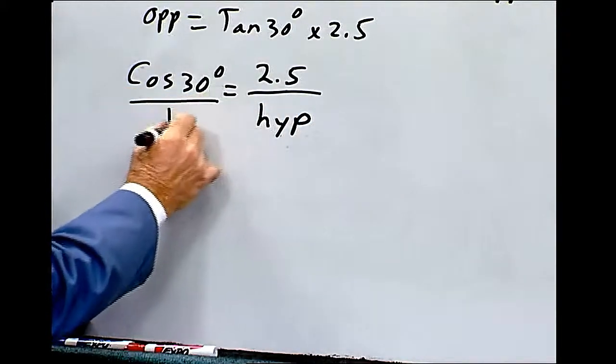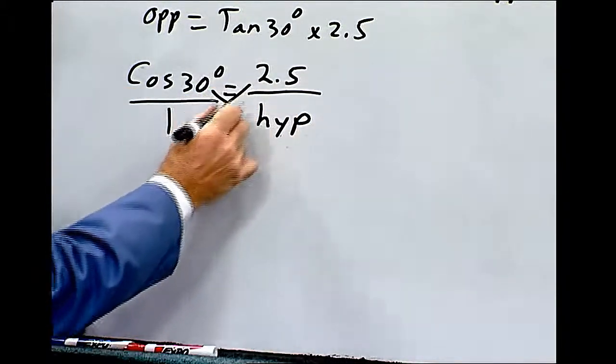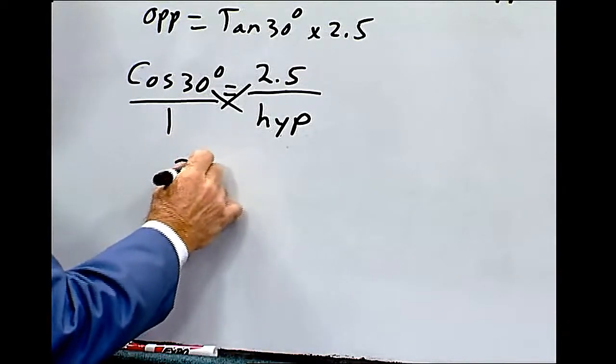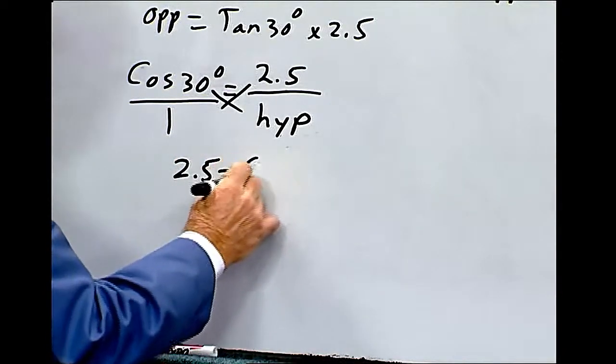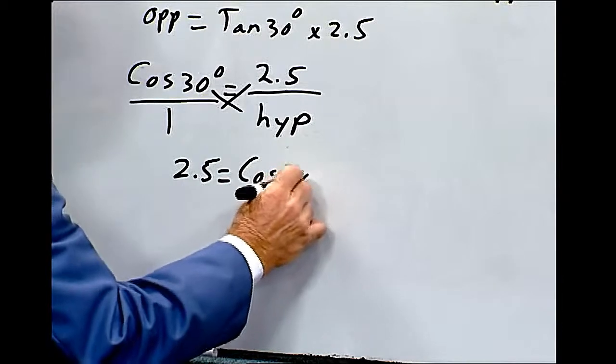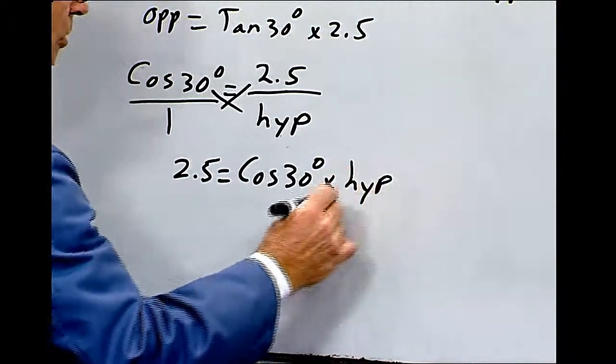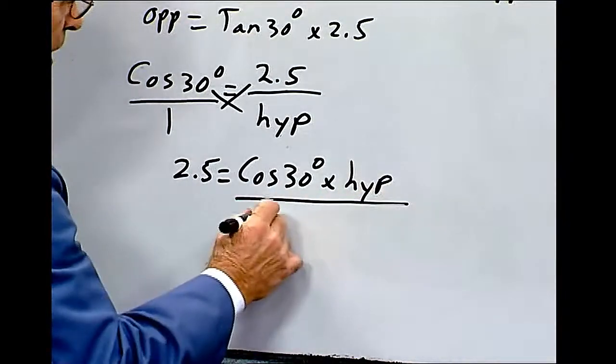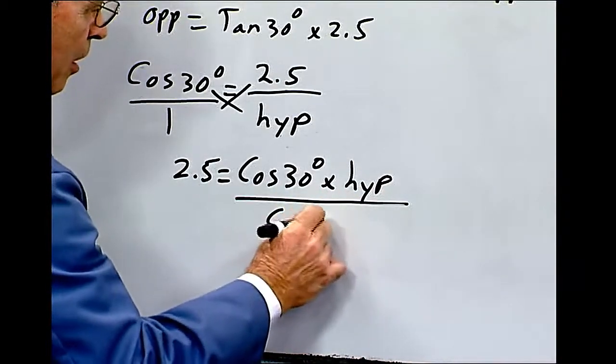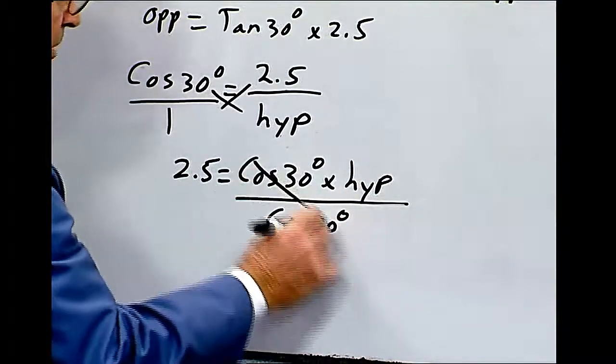Let's just cross multiply. 2.5 equals cosine of 30 degrees times hypotenuse. Let's divide each side by cosine of 30 degrees. That eliminates this here.